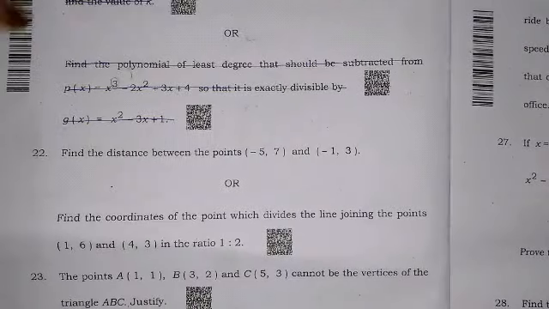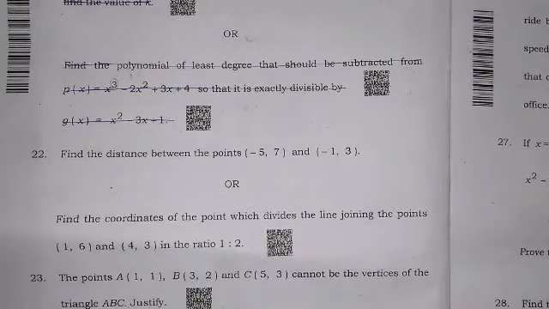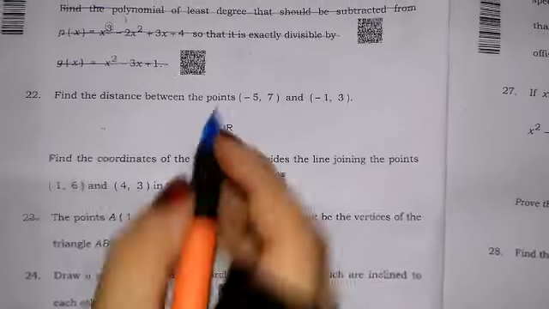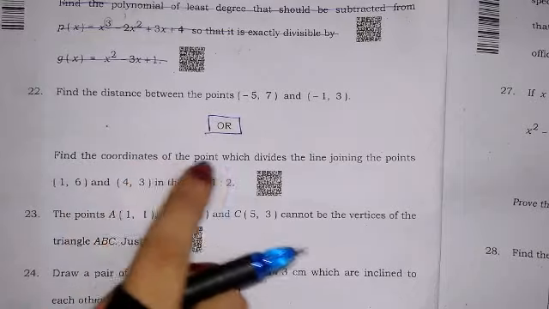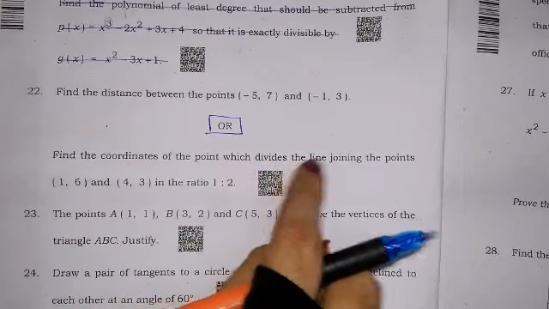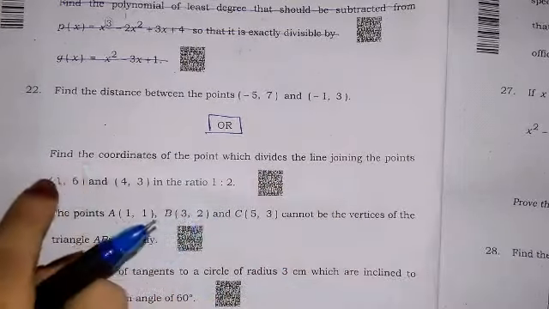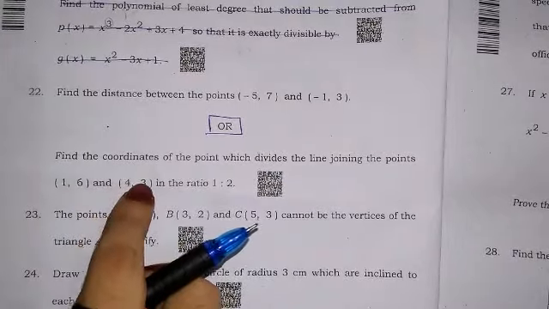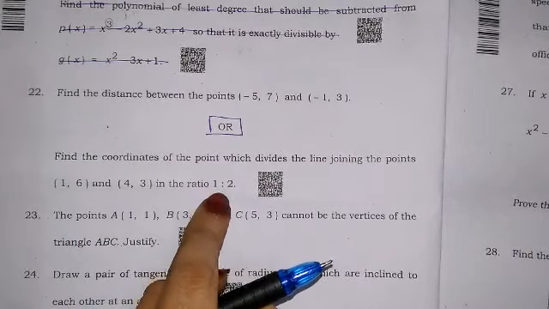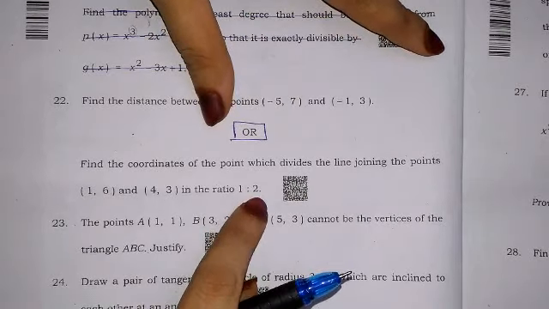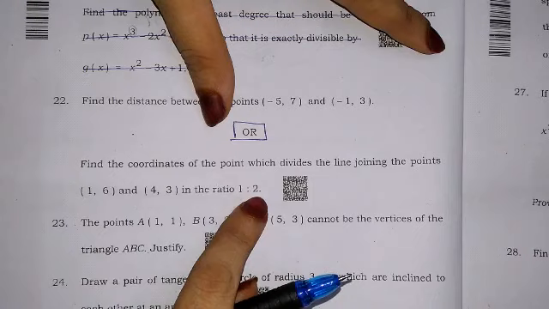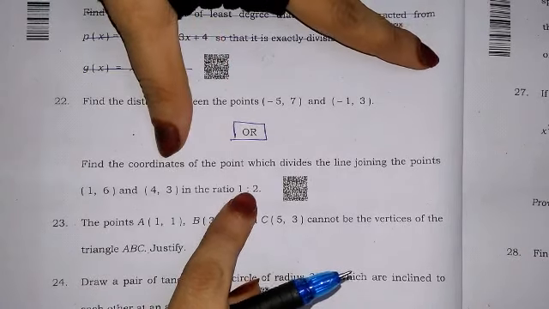Now in this question we can see there is a choice or option here. Let us see. Find the coordinates of the point which divides the line joining points 1, 6 and 4, 3 in the ratio 1:2. When problems come based on ratio, we should understand that this problem is solved using the section formula.